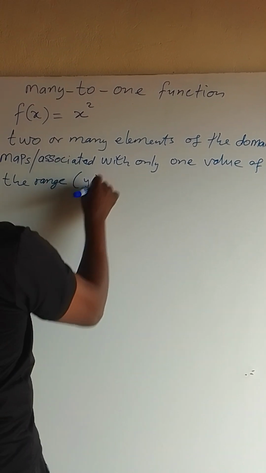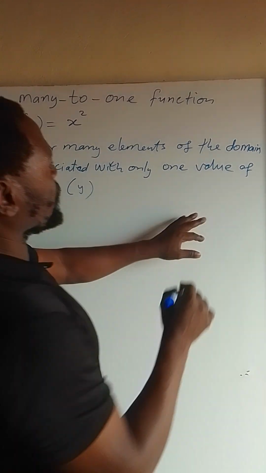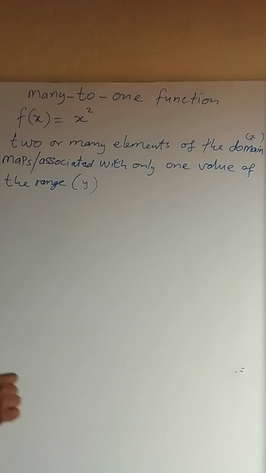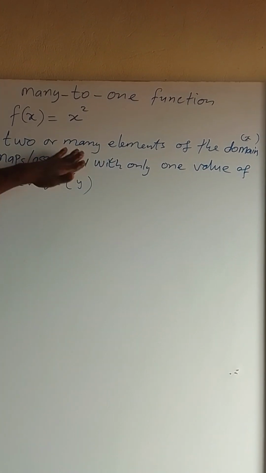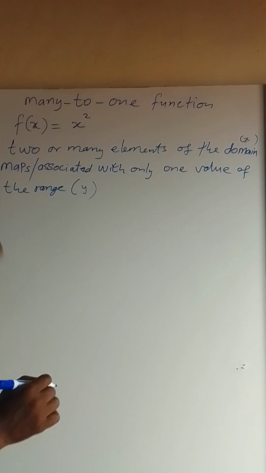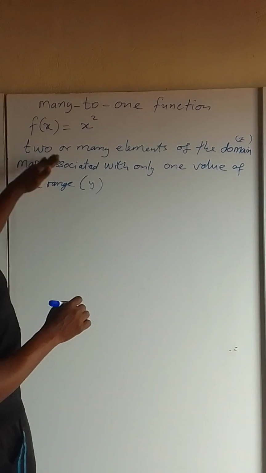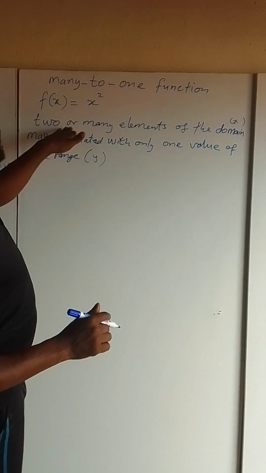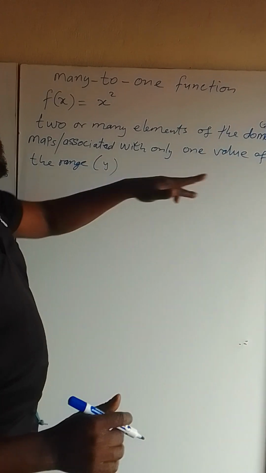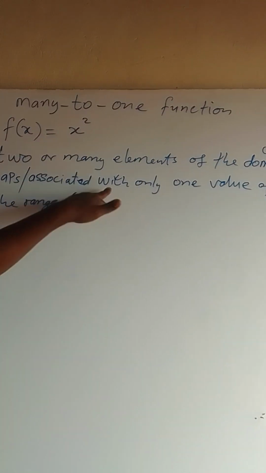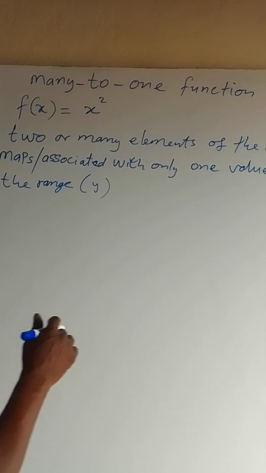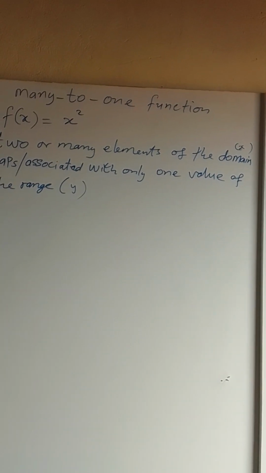In this case, your range is y and your domain here is x. Two or many, rather let's restrict this one. One or many, let's go for that. One or two elements of the domain map to only one value of the range. But it's fine like that.